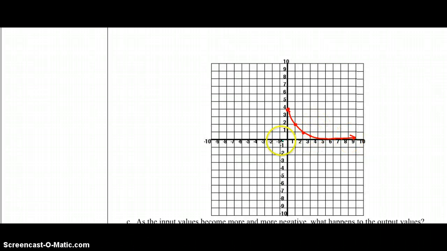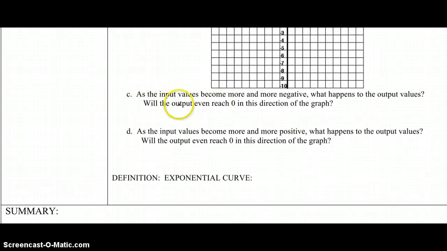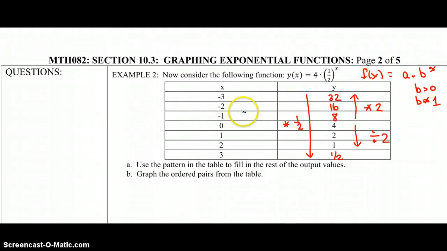And then in the other direction, at -1 we had an output of 8, and at -2 we had an output somewhere way up here at 16, and so on. And that's going to extend indefinitely in that direction. So now as the input values become more and more negative, so in here, our inputs are becoming more negative in this direction.